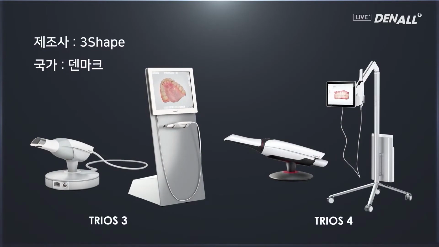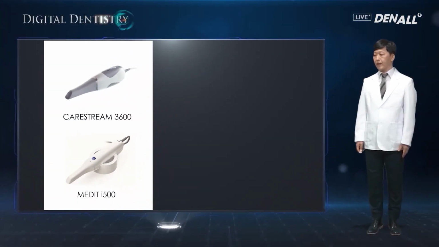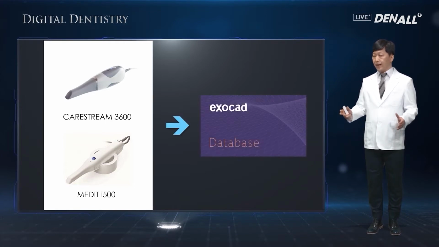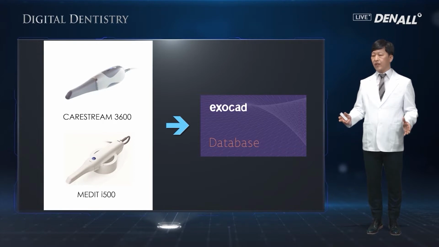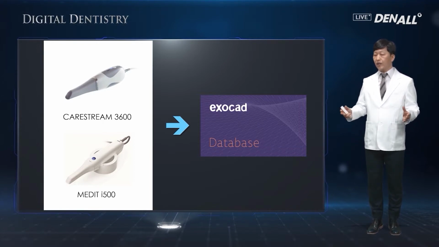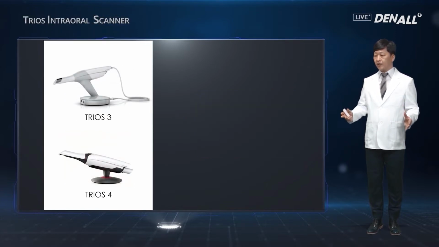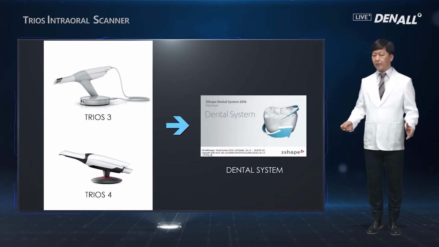The TRIOS scanner is manufactured by 3Shape, a Danish company. Carestream and Medit scanner in Korea are using AutoCAD, which is an open-type CAD program for designing. The TRIOS scanner is using Dental System, which is a proprietary program of 3Shape.